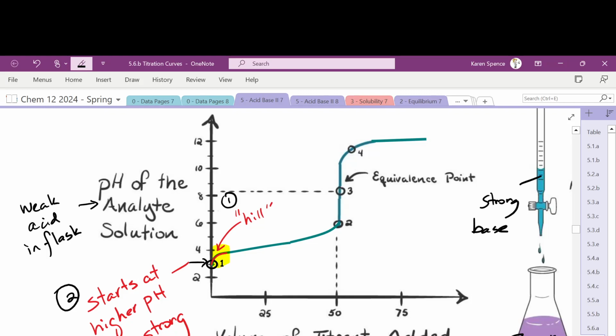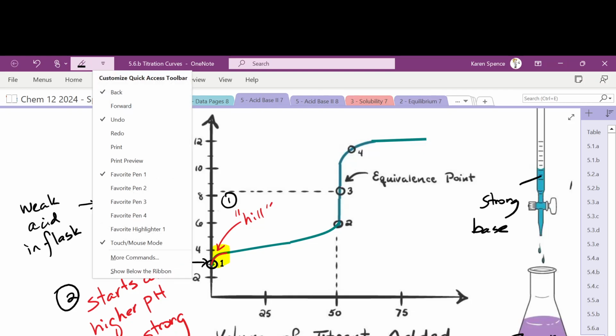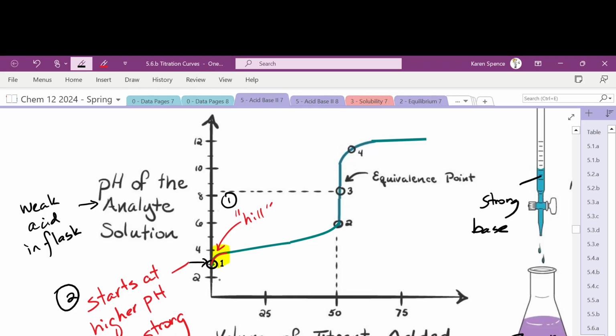What else is different? Here, I'll draw you in a little red one what the corresponding strong, strong one would look like. It would look like this.